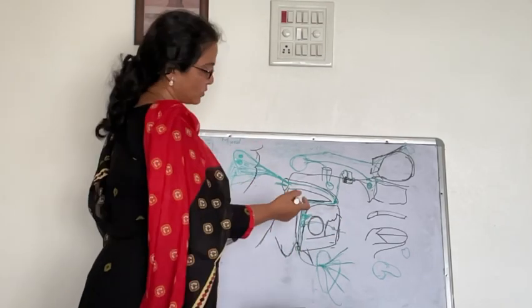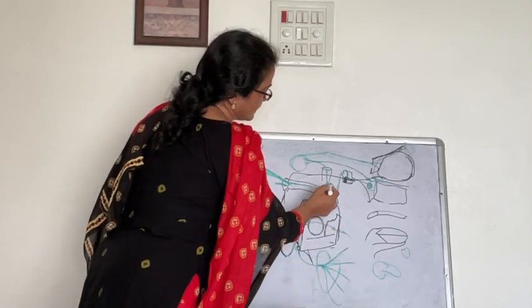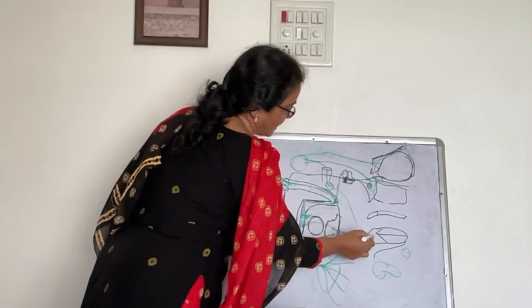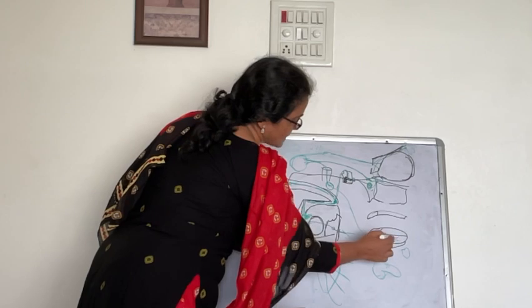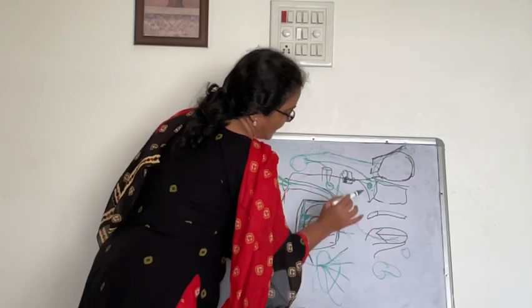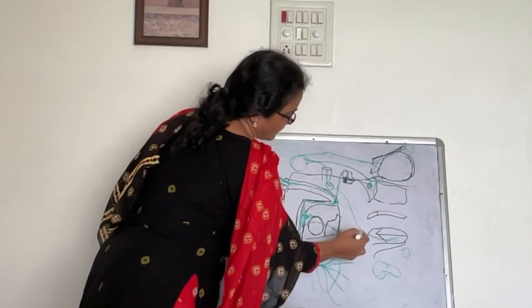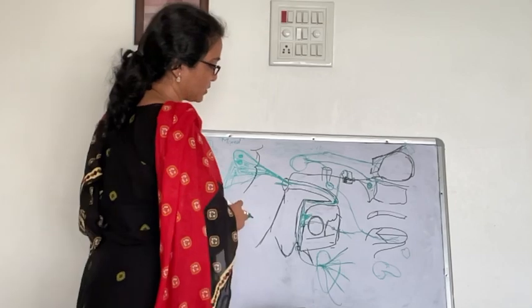Then it will pass through the petrotympanic fissure and join the branch of the mandibular nerve, the lingual nerve. Okay. So this is the lingual nerve, which carries sensations from the anterior two-thirds of the tongue, and the chorda tympani joins it and carries the taste sensations from the anterior two-thirds of the tongue.